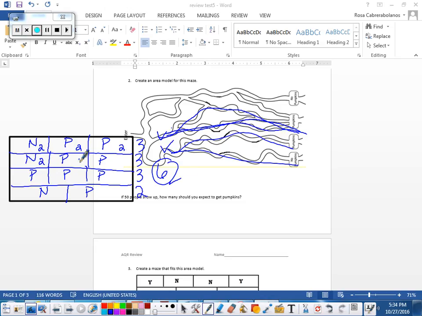Same thing over here. And this one I have 2, so each of those needs to hold 3. Now if each of those is holding 6 and there's 4, 6 times 4 is 24, so the total is 24. And then I can count all these that have a P.